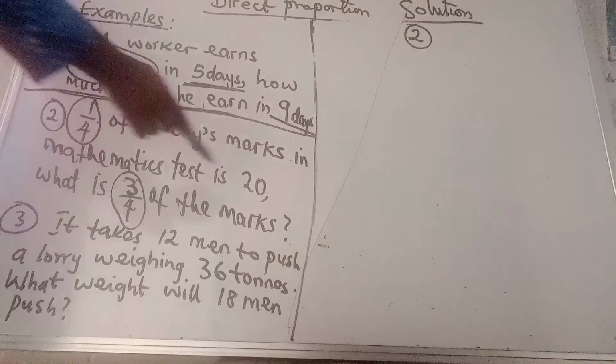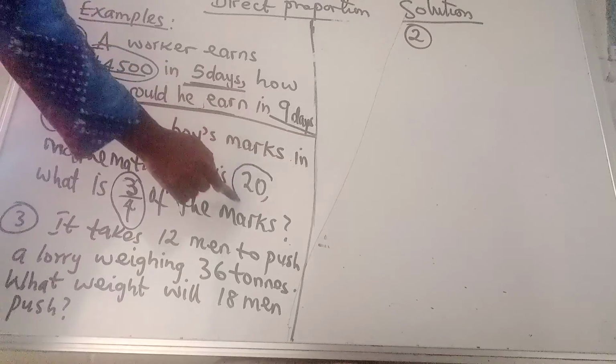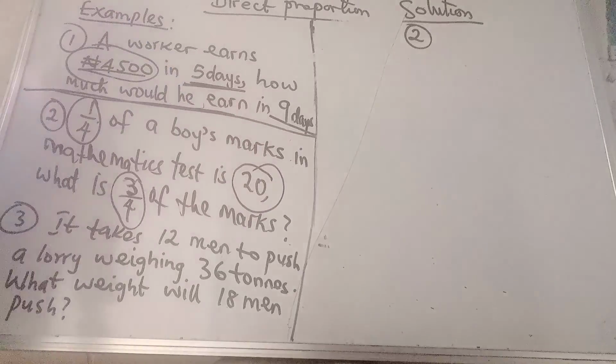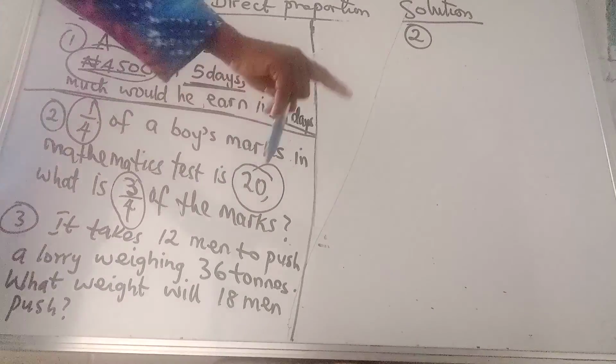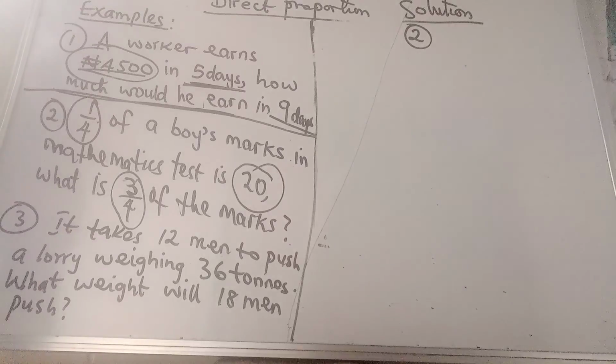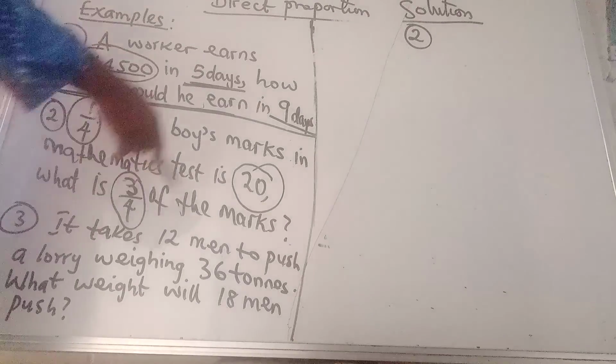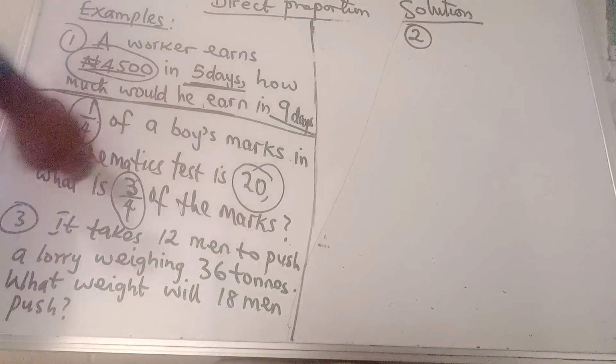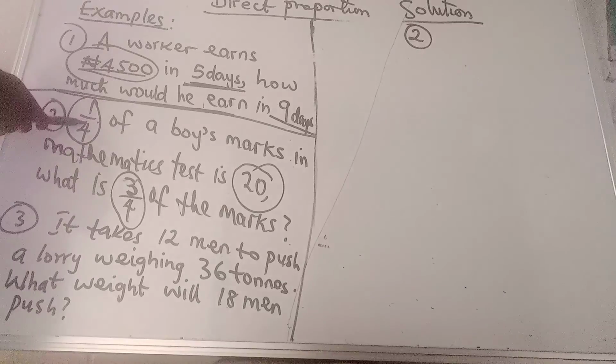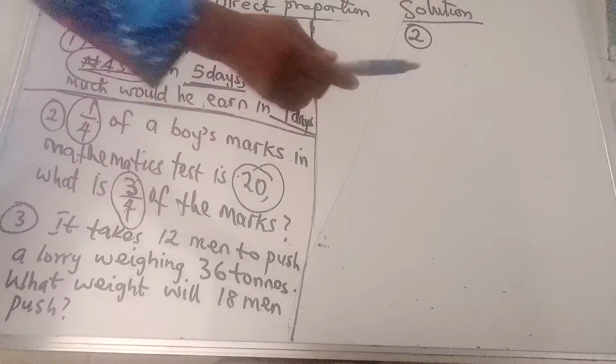Definitely, the marks must also increase from 20. That means you should have it at the back of your mind that you are going to get an answer greater than 20. And that is direct, because increase from 1/4 to 3/4 will bring increase in the marks also.